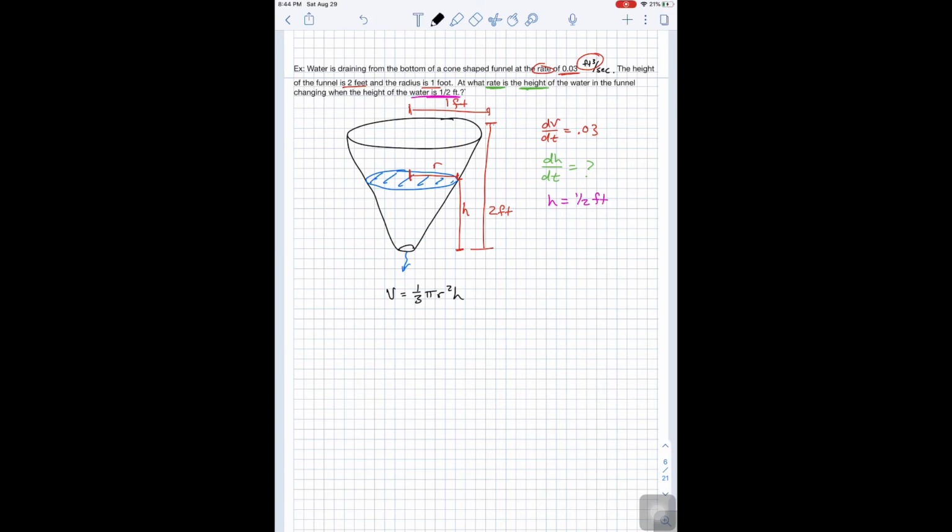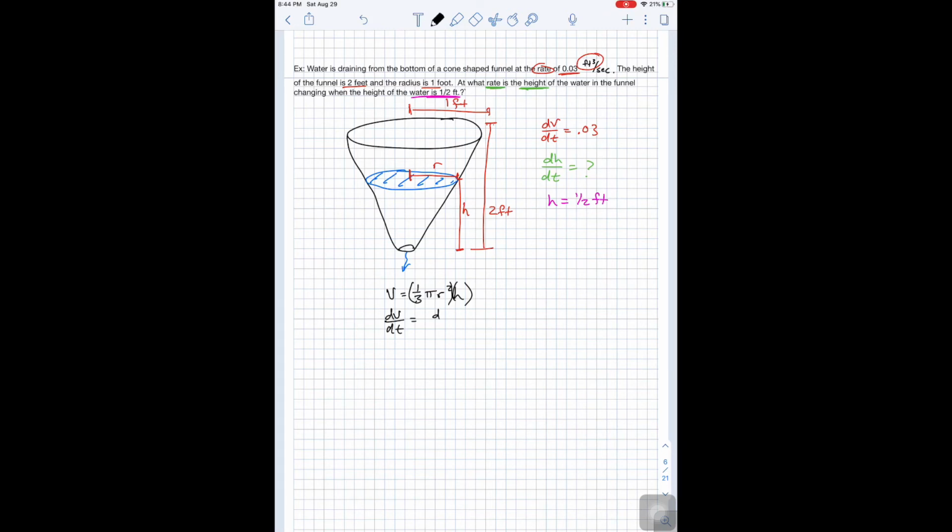And I'm going to say, okay, I'm going to take the derivative. So the derivative of V is dV/dt, okay? And what I have here is actually a product rule. I've got two variables. Okay, I'm going to take the numbers with the R. It doesn't matter if you do that or put them with the H. Either way, they're a product.